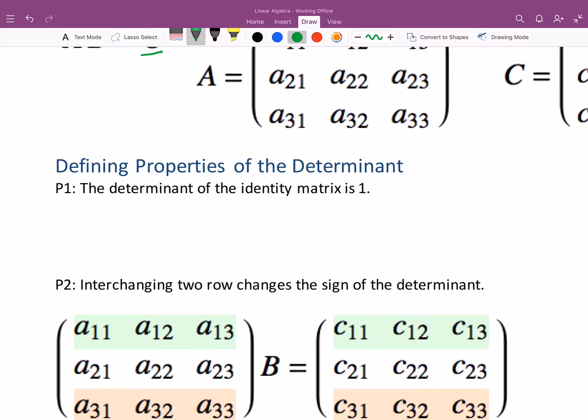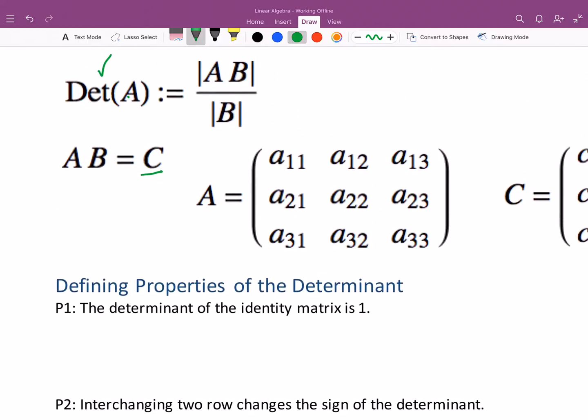We first have to establish that the determinant of the identity matrix is 1. Let's see if this formula establishes that.